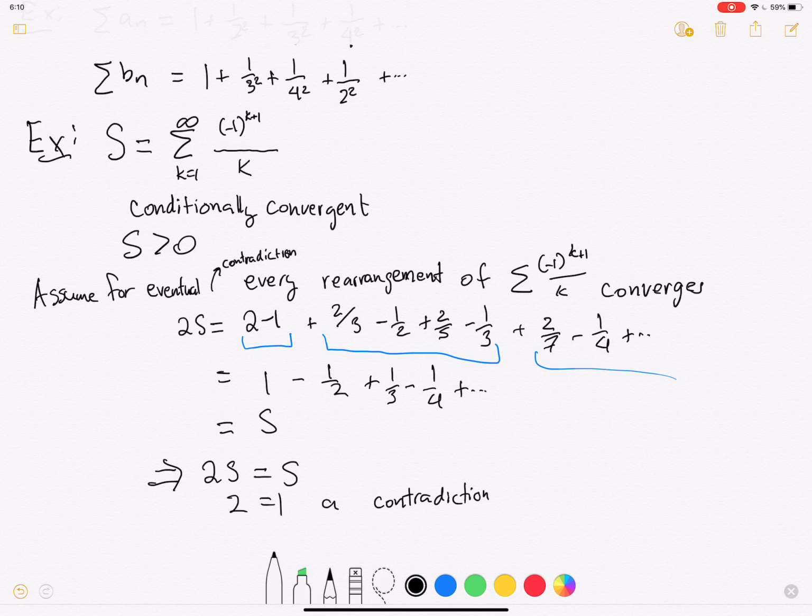So there must be some rearrangement that doesn't converge.